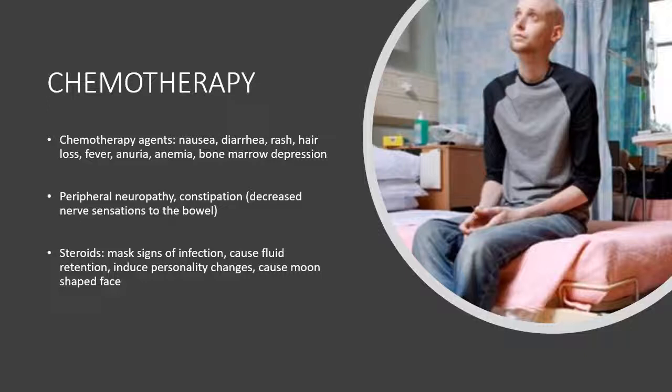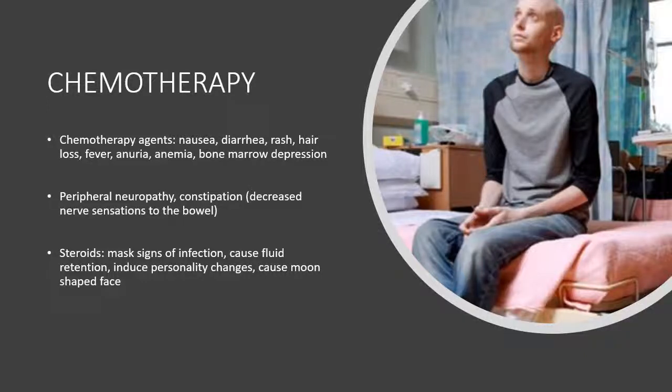Peripheral neuropathy and constipation from decreased nerve sensations to the bowel are both common. And the use of steroids to decrease inflammation can also mask signs of infection. It can cause fluid retention, induce personality changes, and have a Cushingoid type of reaction where they get the moon-shaped face, elevated blood glucose, and some changes in overall body composition.